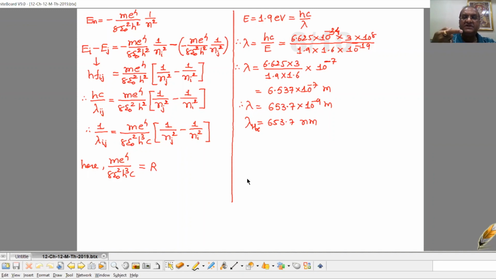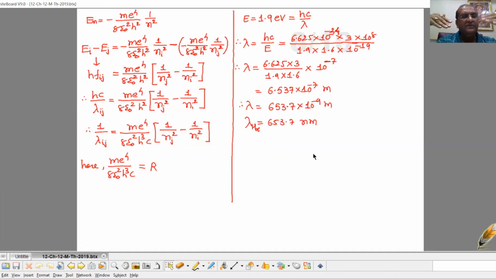Then if the transition takes place from n equal to 4 to n equal to 2, you will get the H beta line. Then n equal to 5 to n equal to 2, you will get the H gamma line of the Balmer series. So in this way, when the transitions take place from the 3, 4, 5, 6, 7 orbits to the second orbit, we will get the entire Balmer series, and we can calculate all the wavelengths as per this calculation by taking the difference of energy levels.